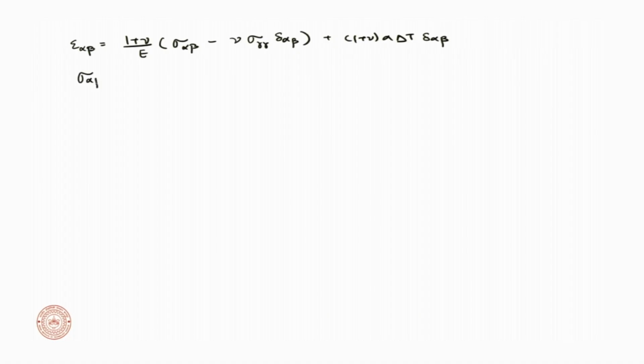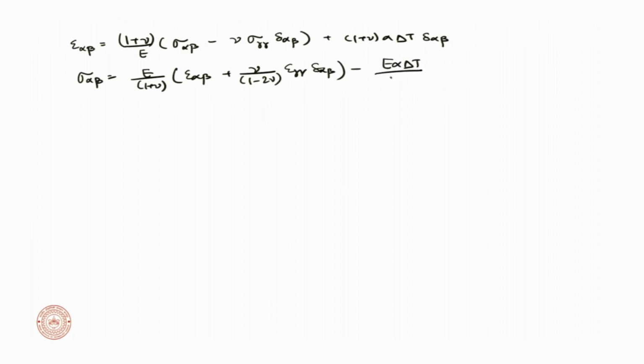Okay, so epsilon alpha beta equals 1 plus nu over E sigma alpha beta minus nu sigma gamma gamma delta alpha beta, just like last time, plus 1 plus nu alpha delta t delta of alpha beta, and sigma alpha beta will be equal to E over 1 plus nu epsilon alpha beta plus nu over 1 minus 2 nu epsilon gamma gamma delta alpha beta minus E alpha delta t over 1 minus 2 nu delta alpha beta.